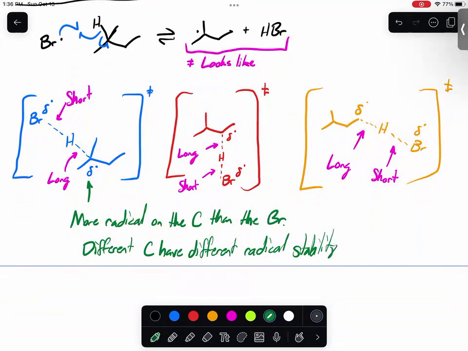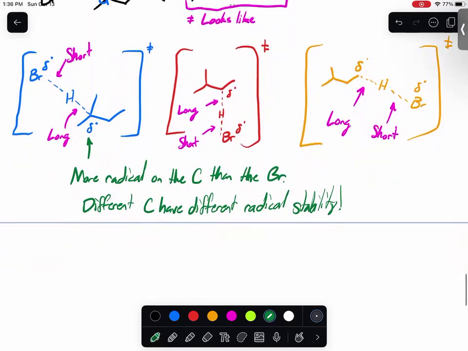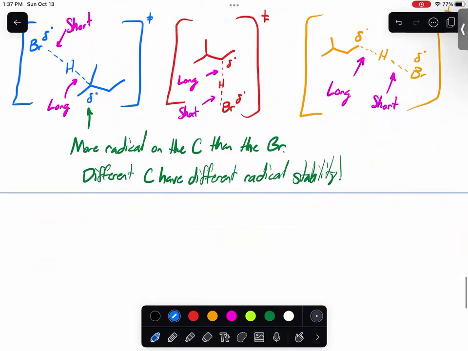So it's actually the same reason for thermodynamics here as we can describe how the activation energies sit here. Essentially, in the first case, we have what is most like a tertiary radical for our transition state. In the second case, we practically have a secondary radical as our transition state.